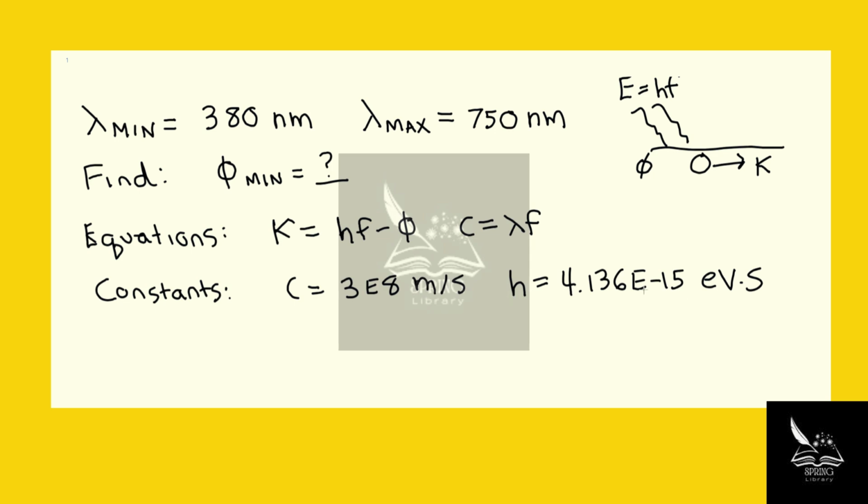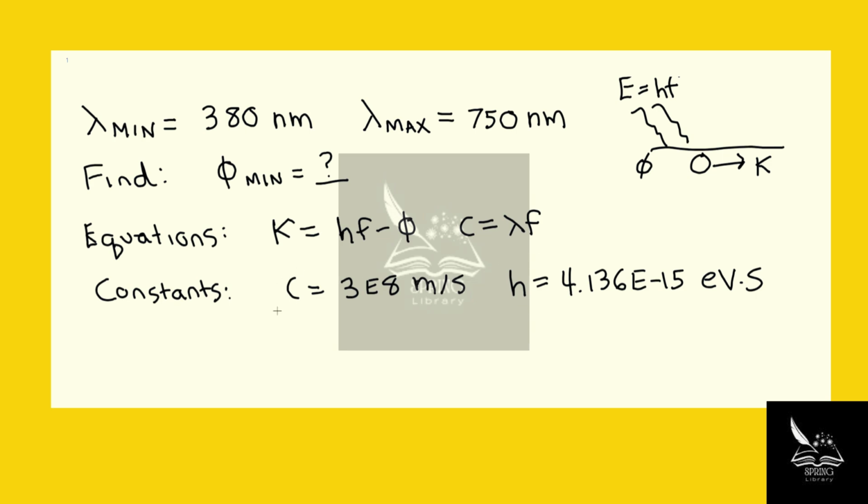And we're going to need Planck's constant, which is in this particular form, 4.136 times 10 to the negative 15 electron volts per second. The reason why we're going to use electron volts is because since we're considering single electrons being ejected from a metal, the amount of energy in joules is going to be so small that it would actually be better to use electron volts.